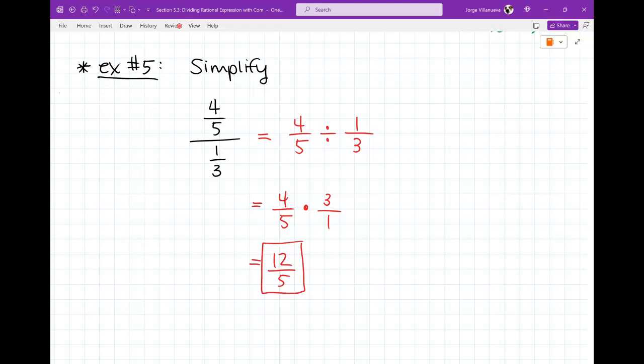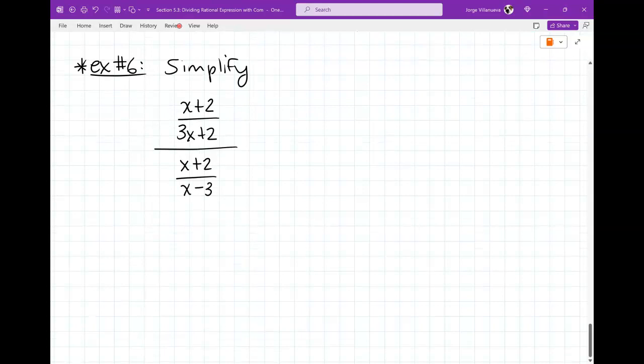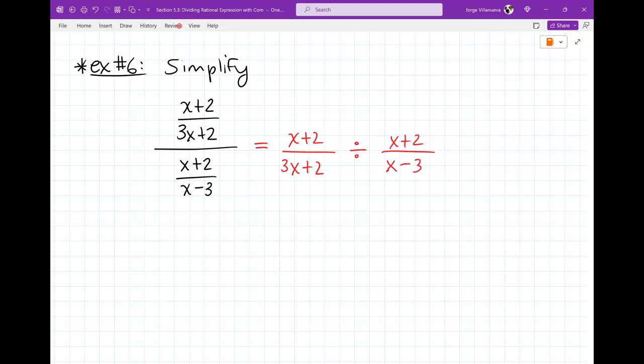The hardest part is the translation from the original problem to that first step that I did. But all you got to remember is just say it out loud to yourself, and write it down as you say it. As long as you do that, you should be able to write the problem in a different way and then just multiply into it. So same thing for number 6. I know it looks complicated, but if I read this out loud, this is what it says: x plus 2 over 3x plus 2 divided by x plus 2 over x minus 3.